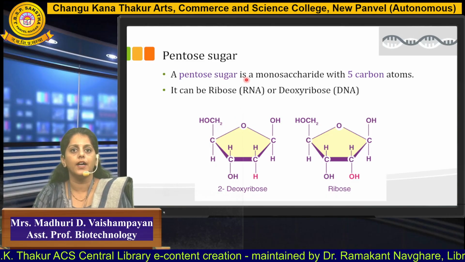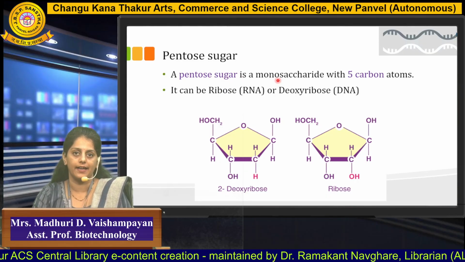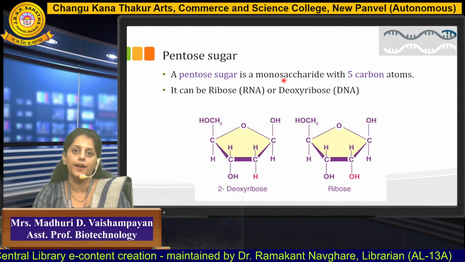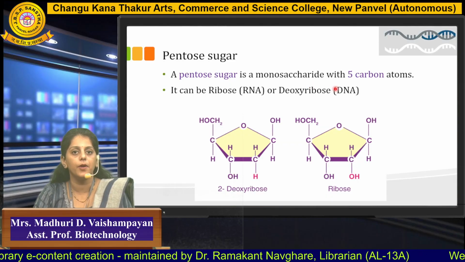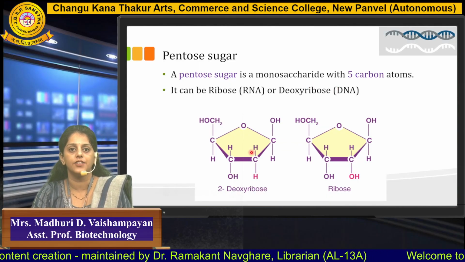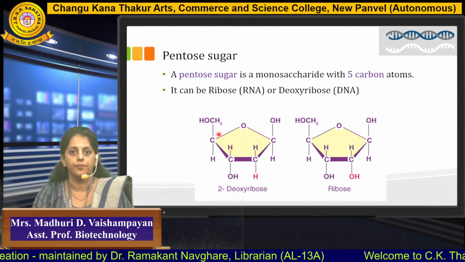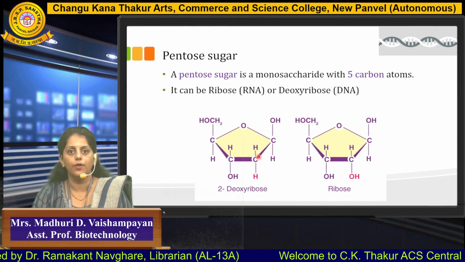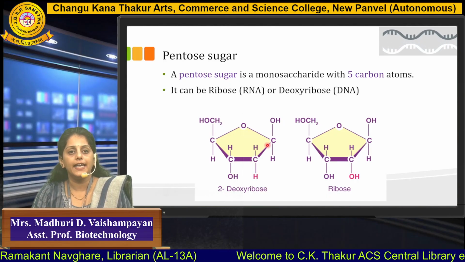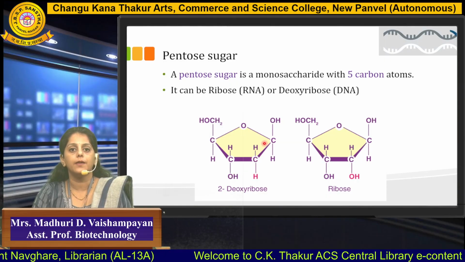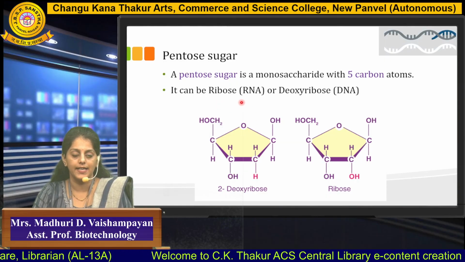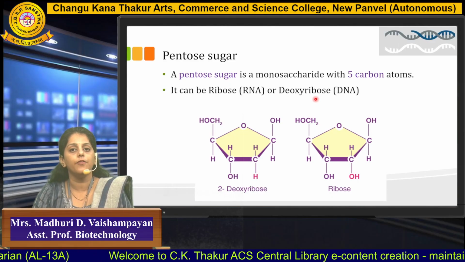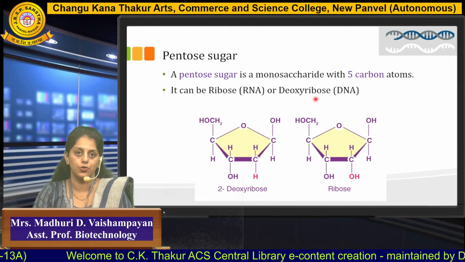Pentose sugar is a monosaccharide with 5 carbon atoms. So the total number of carbon atoms present in the structure is 5: 1, 2, 3, 4 and 5. In the case of pentose sugar, two types are present: ribose sugar and deoxyribose sugar.